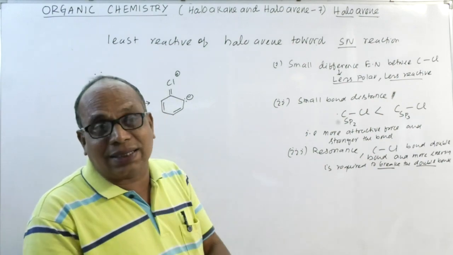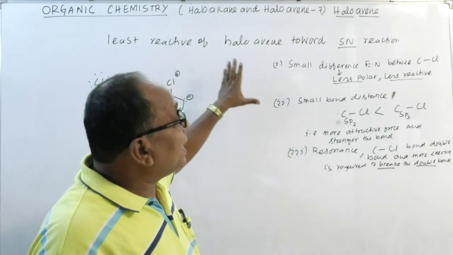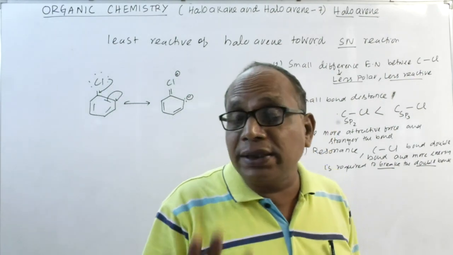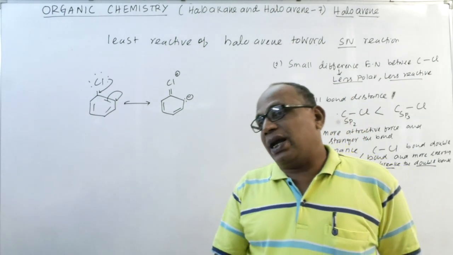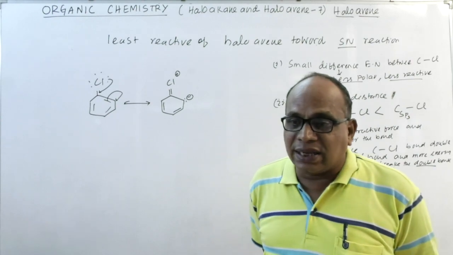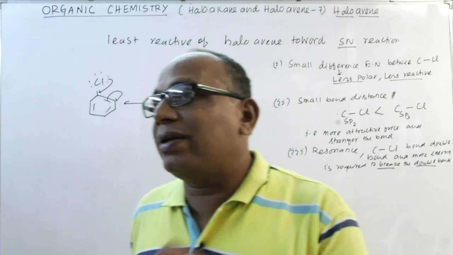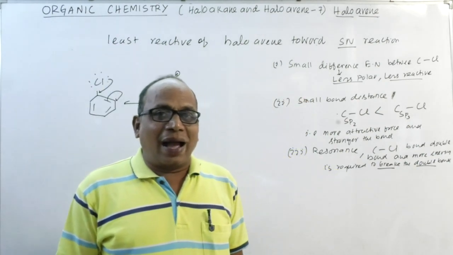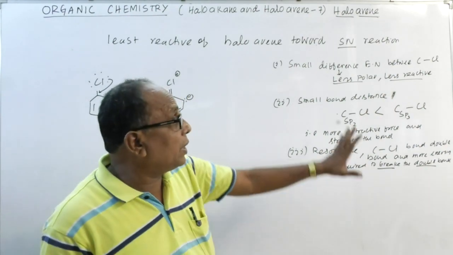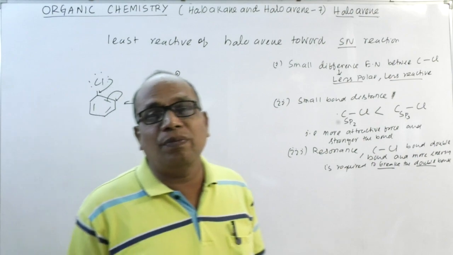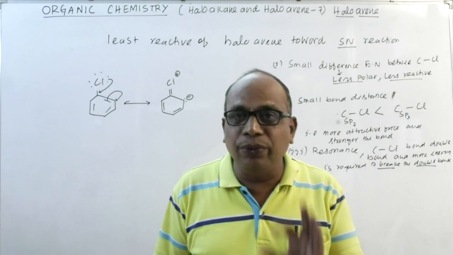This means it is less reactive than the alkyl halide. That's why generally the halogen atom bonded to the benzene ring is not reactive at all. It does not undergo nucleophilic substitution reaction like aliphatic alkyl halides. Are you clear? This is important. Why is the halogen atom in haloarene inert?